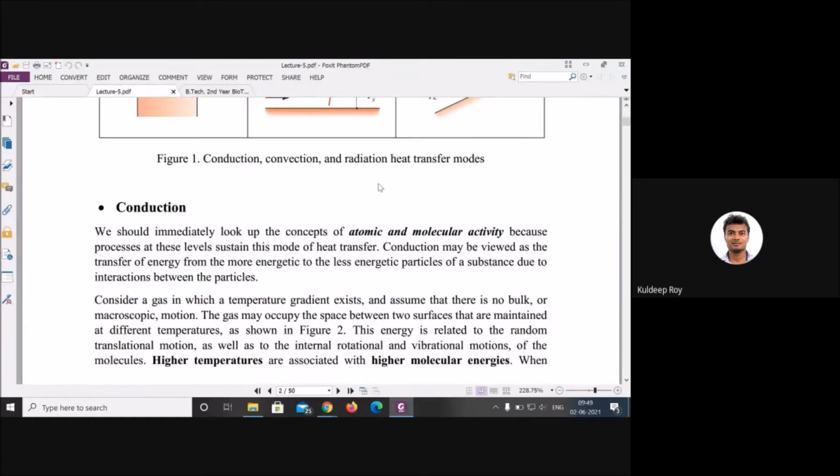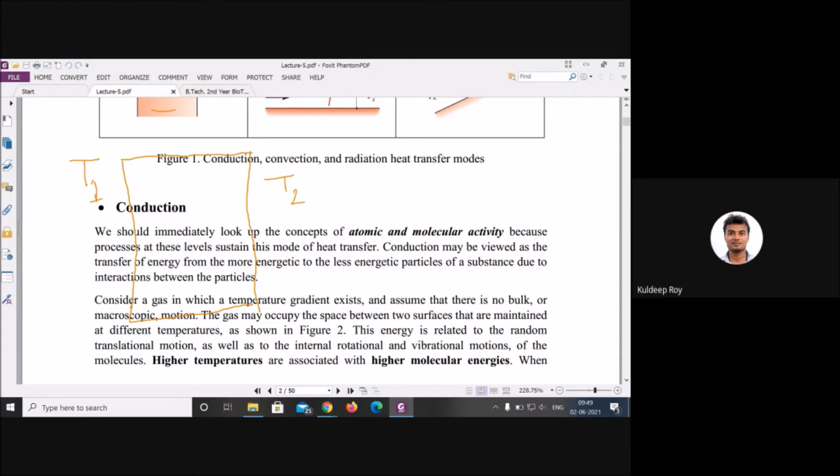Okay, let me explain. If you have a slab or any kind of sheet, this is your slab, and here the temperature is T1 and here the temperature is T2.